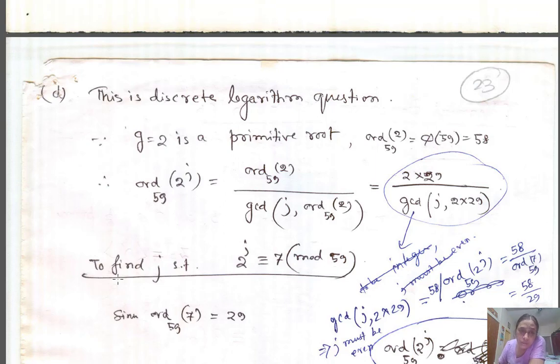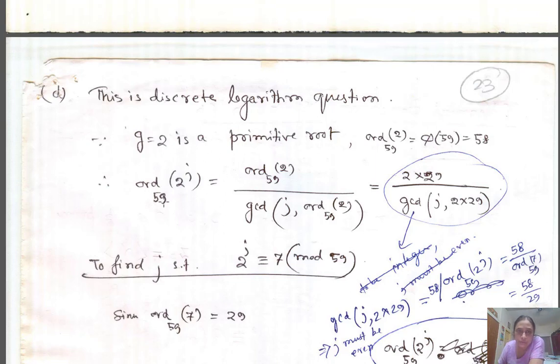To find this j, we will apply the order of power formula. So this j will vary from 1 to phi of 59.